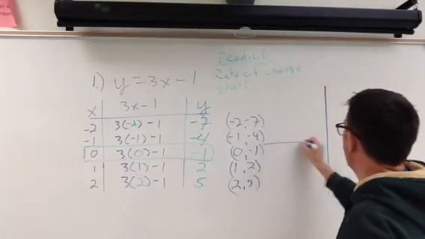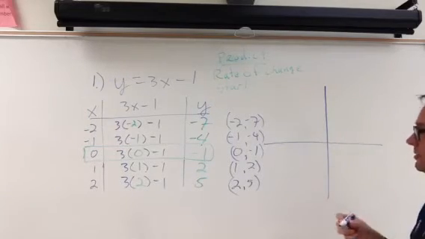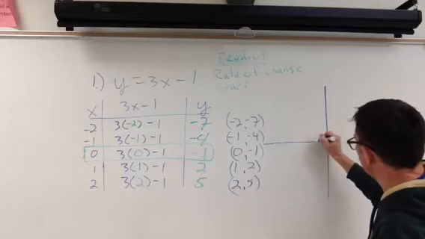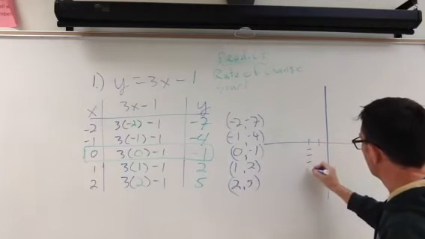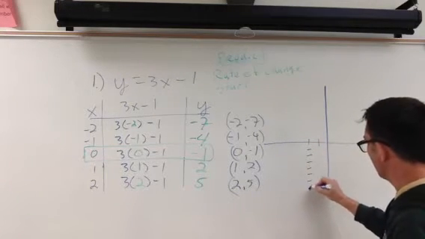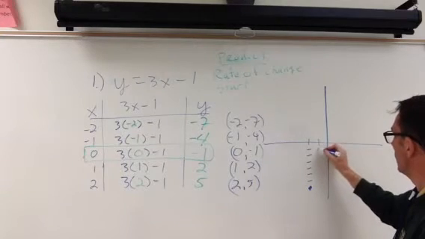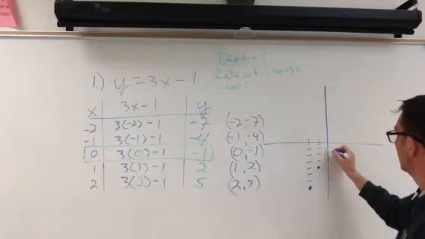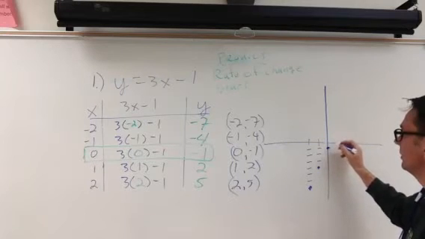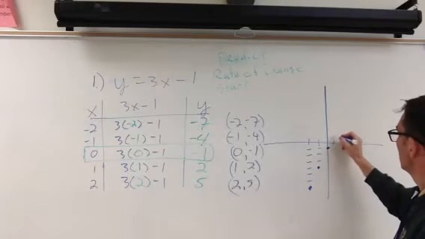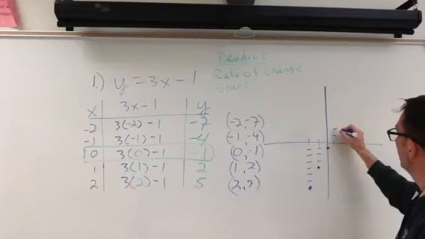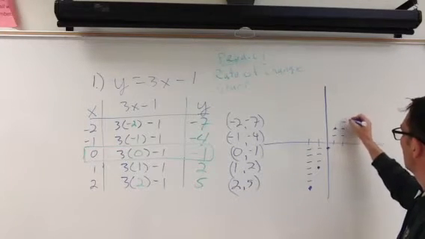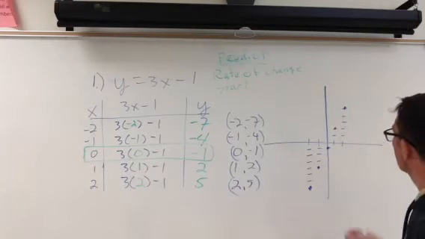Now hopefully you have graph paper, but if not, you kind of have to do the best you can. So I have negative 2, negative 7. Here's my first point. Negative 1, negative 4. 0, negative 1, 1, 2, and then 2, 5.